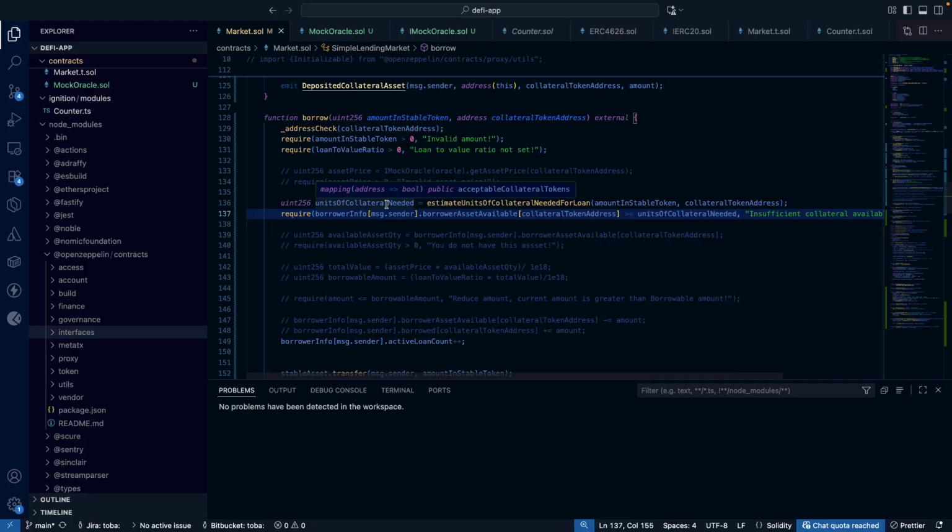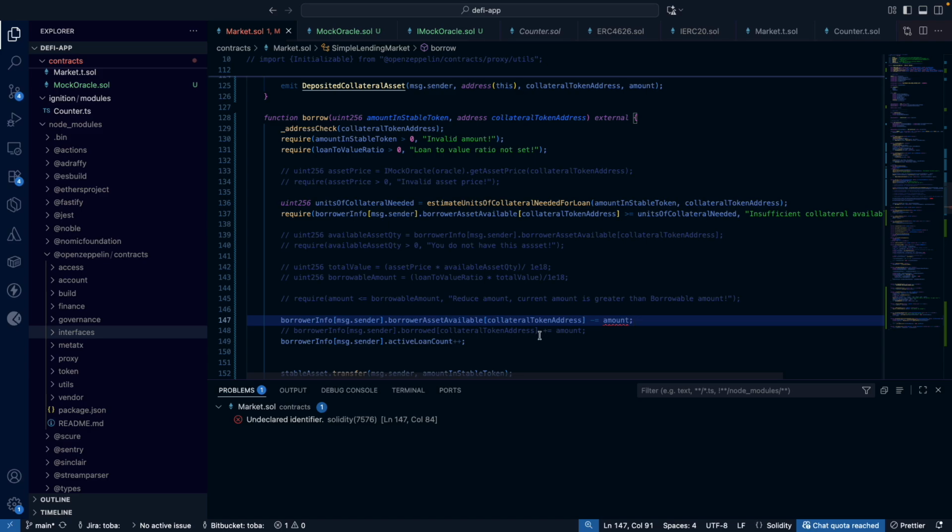Let's assume that the price of the asset is 1 to 1, so $200 is the right amount. So we need to take 200 units from their 1,000 and leave the remaining 800 behind. So we need to reduce the amount of available assets by the units of collateral needed, just in case they decide tomorrow that they want to borrow some more.